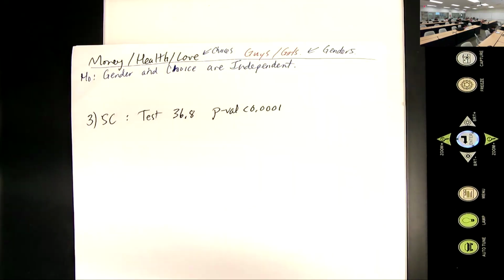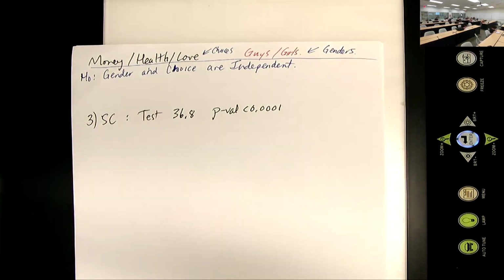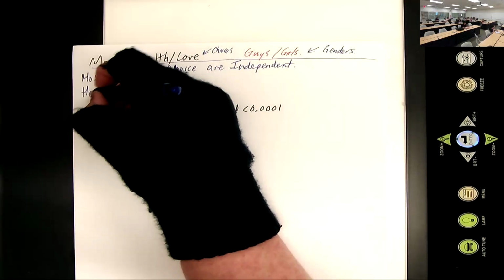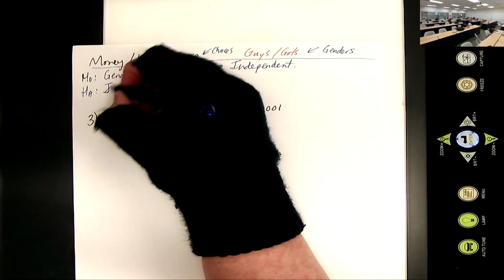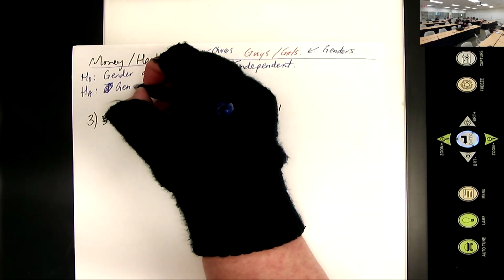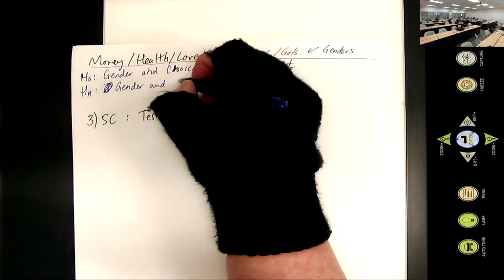I'm not just gonna say rows and columns are independent, I'm gonna make it make sense, because when you go back and look at it for your conclusion, this is gonna help you. So it doesn't matter if you're a guy or a girl, roughly the same percentage picks the same for each column. HA is: gender and choice are dependent.